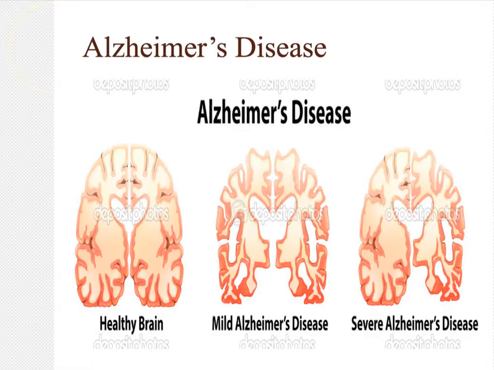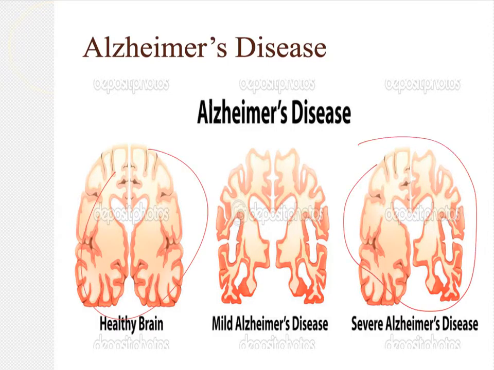So essentially what happens is the brain kind of shrinks, as you can see the difference between the healthy brain over here and the atrophied brain in severe Alzheimer's disease. So that's why there's the decrease in the thought processes and the cognition due to the atrophy of the brain.